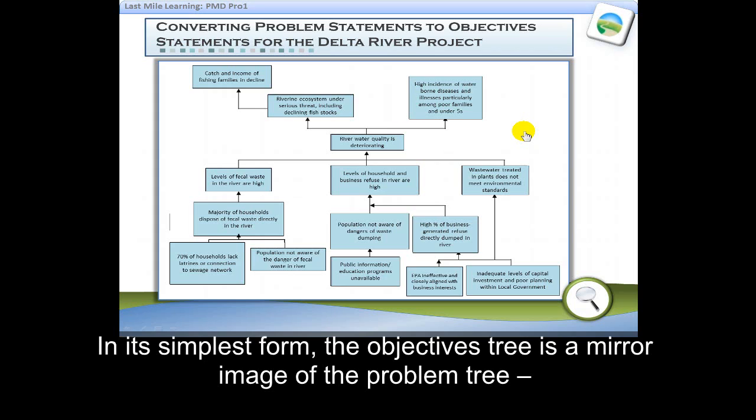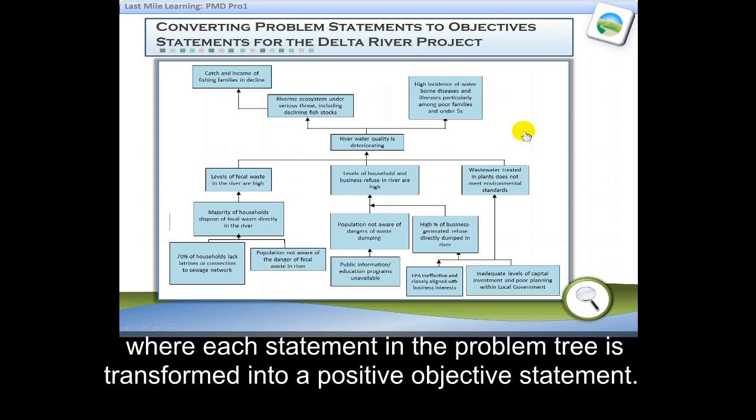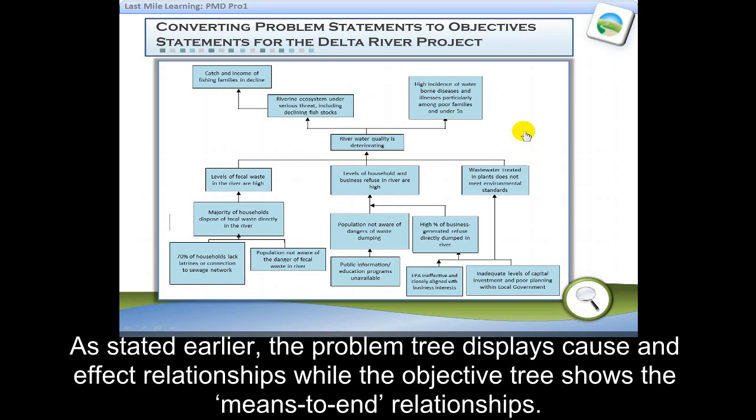In its simplest form, the objectives tree is a mirror image of the problem tree, where each statement in the problem tree is transformed into a positive objective statement. And as I said earlier, the problem tree displays cause and effect relationships, while the objectives tree shows the means to end relationships.